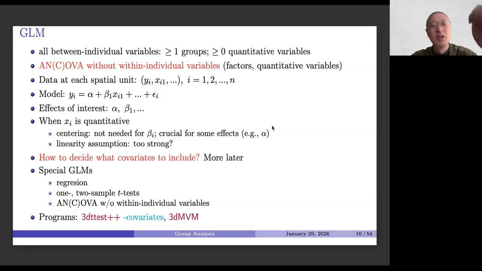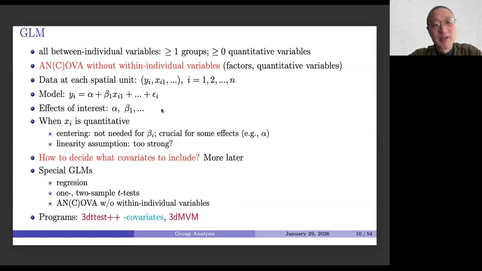So it's a mixture of the two. That's typically the case. This is basically a special case of ANCOVA. The terminology is just for historical reasons, and it's a little bit messy.